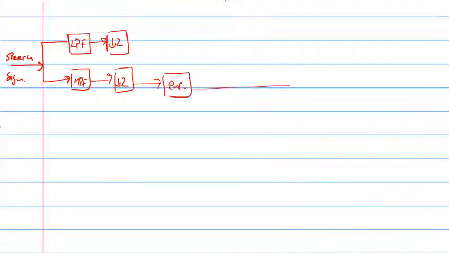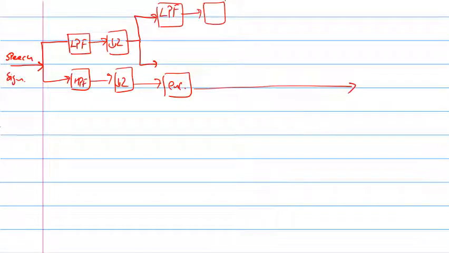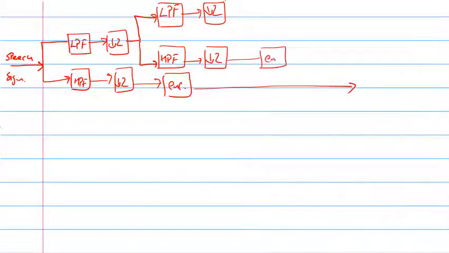And this one is encoded. Then again for the high pass component, we do two things. We pass it through a low pass filter, then we downsample it. This is high pass filter, then we downsample it, then this high pass filter output will get encoded.